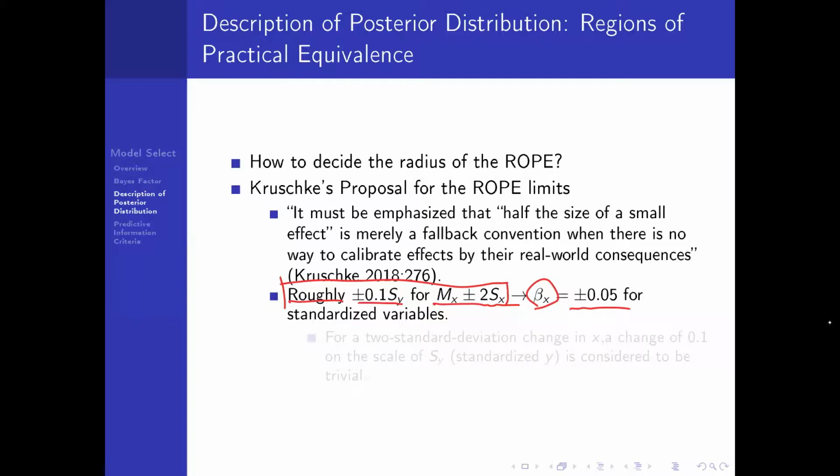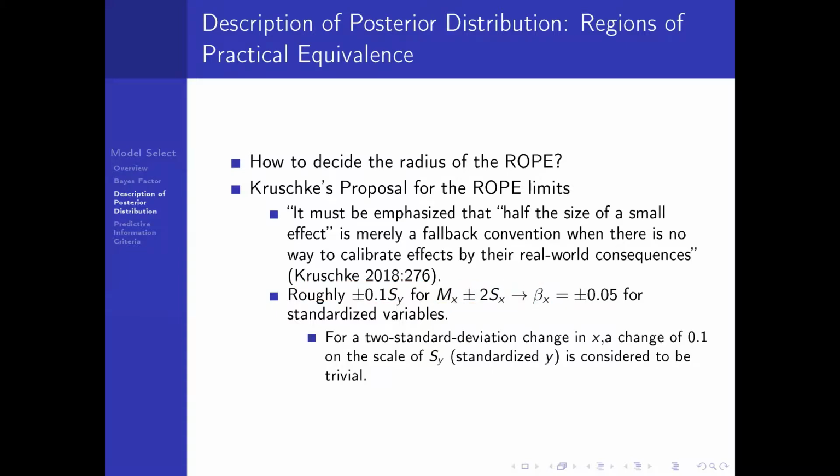That is, if the standardized coefficient is within this range, that is plus or minus 0.05 away from 0, then we would argue that the values within that range, okay, are equivalent to the null value, which is 0, okay?